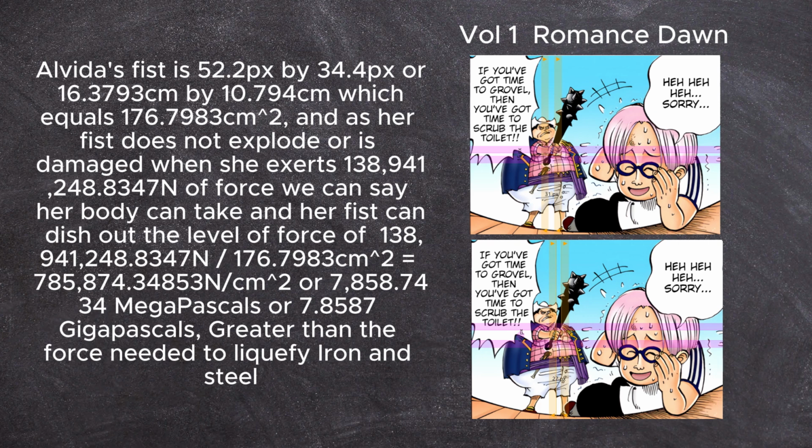And as her fist does not explode or is damaged when she exerts 138,941,248.8347 newton force, we can say her body can take and her fist can dish out the level of force of 138,941,248.8347 newtons per 176.7983 centimeters squared equals 785,874.34853 n/cm⁻2 or 7,858.7434 megapascals or 7.8587 gigapascals, greater than the force needed to liquefy iron and steel.